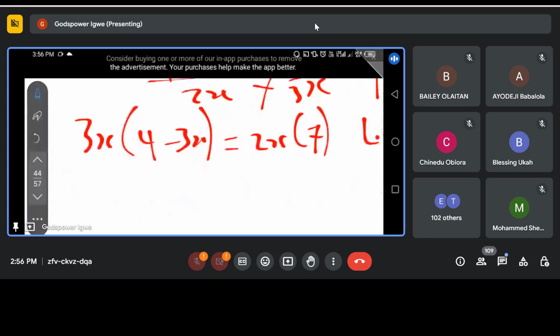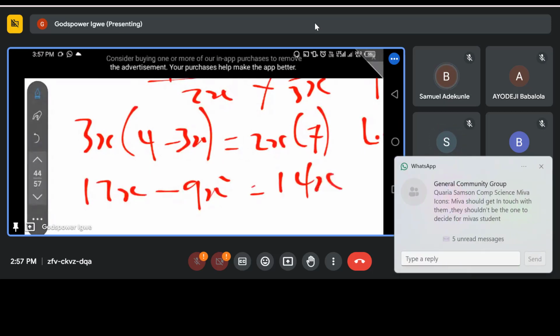And so this is going to give us 3 times 4 is 12x, minus 3 times this is going to give us 9x squared. Yes, that should be 9x squared. Then 7 times 2 is going to give us 14x.